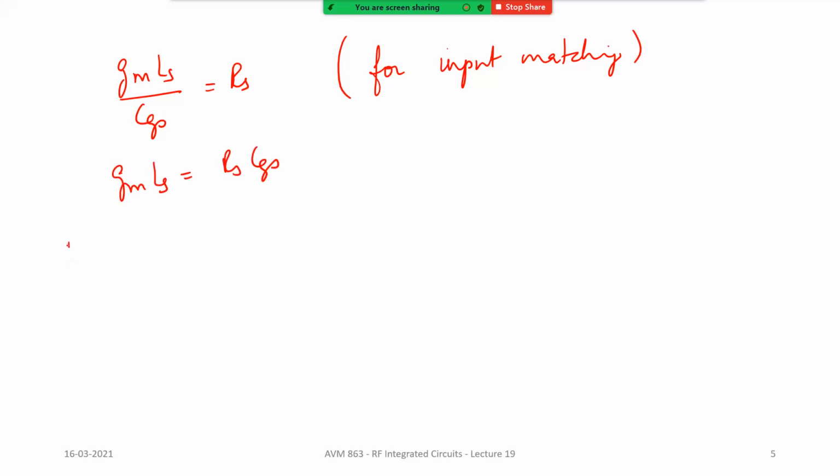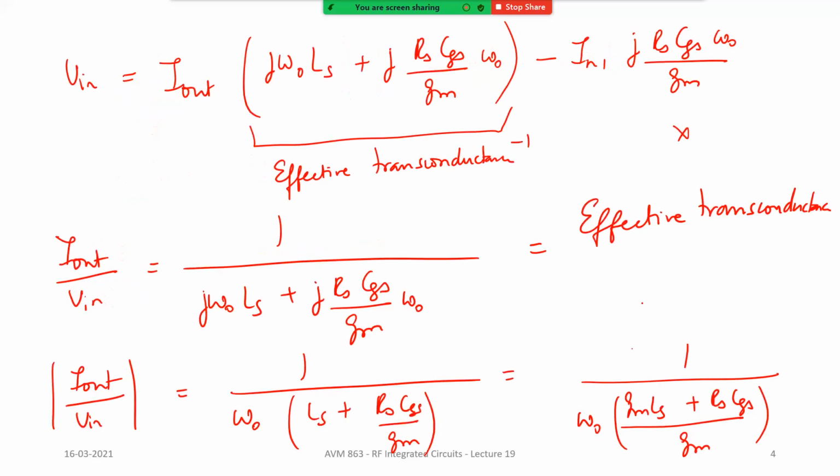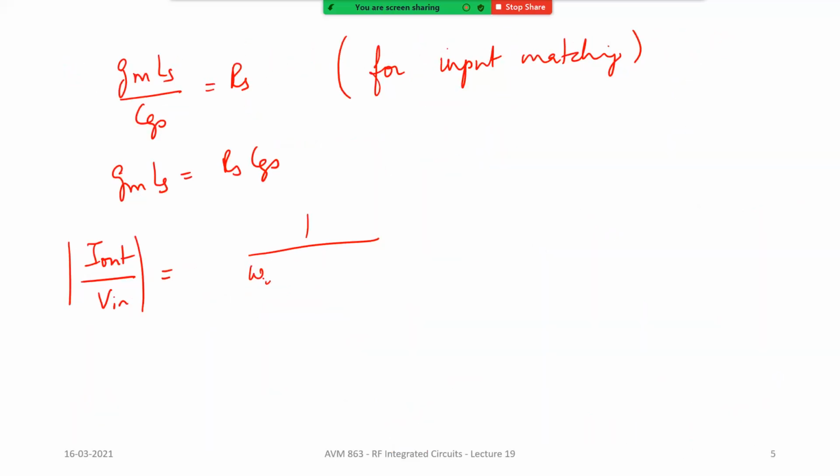So this effective transconductance I out by Vn can be written as 1 divided by omega naught into 2 times Rs Cgs divided by Gm. Now we also know that omega t is what? Gm by Cgs.